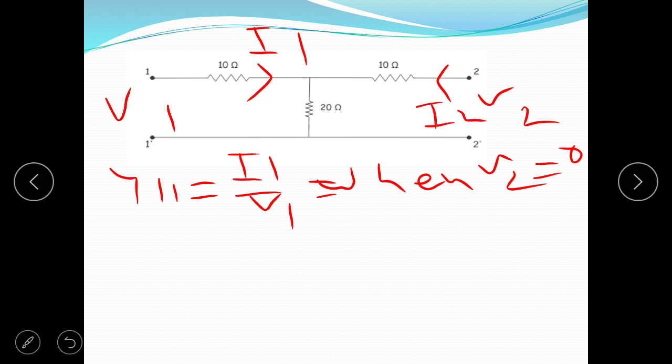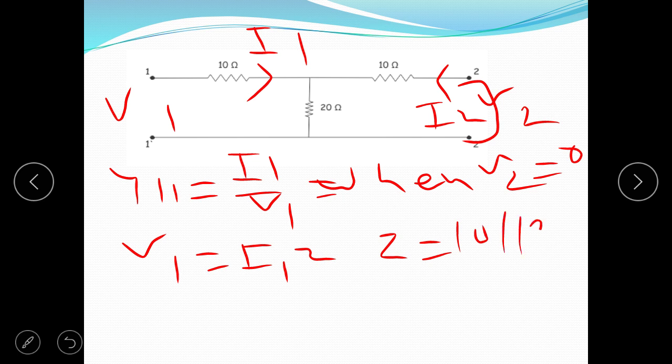So V1 is equal to I1 into Z from port 1, where Z, after short circuiting port 2, is the equivalent impedance of the circuit from the port 1 side, equal to 10 parallel 20 plus 10.